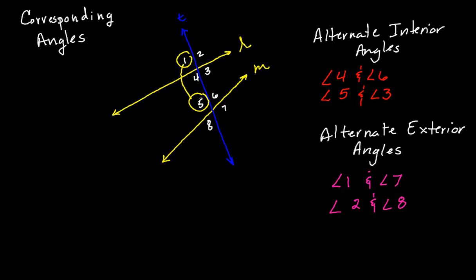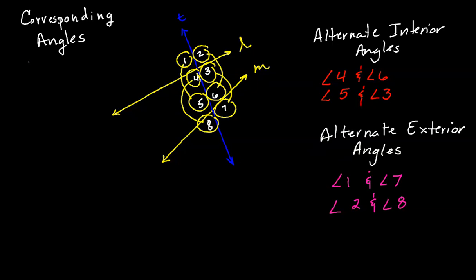So they correspond to each other. Angle 2 would land on top of angle 6. Angle 4 would land on top of angle 8. And angle 3 would land on top of angle 7. So that's the definition of corresponding. If these two lines were on top of each other, they would correspond to each other.